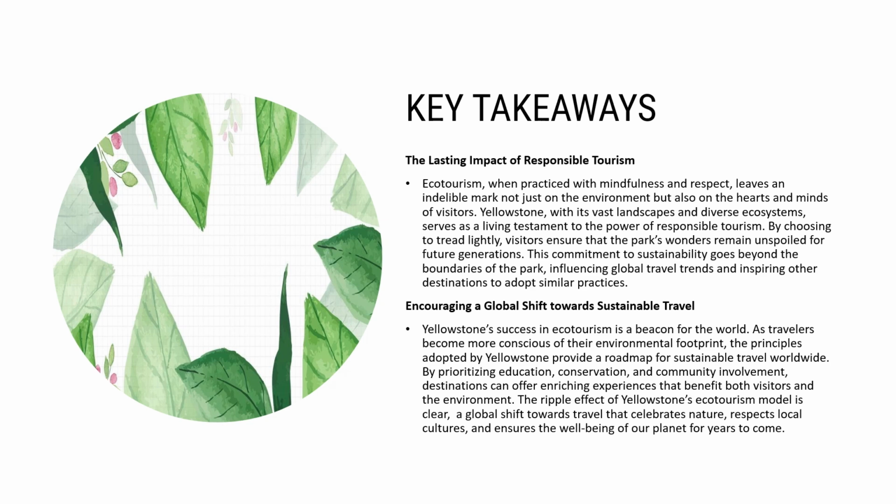Yellowstone, with its vast landscape and diverse ecosystems, serves as a living testament to the power of responsible tourism. By choosing to tread lightly, visitors ensure that the park's wonders remain unspoiled for future generations.